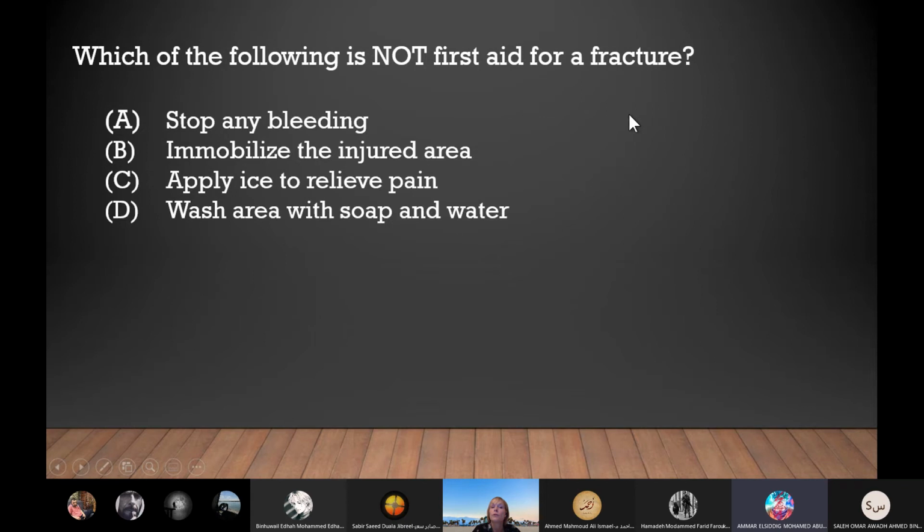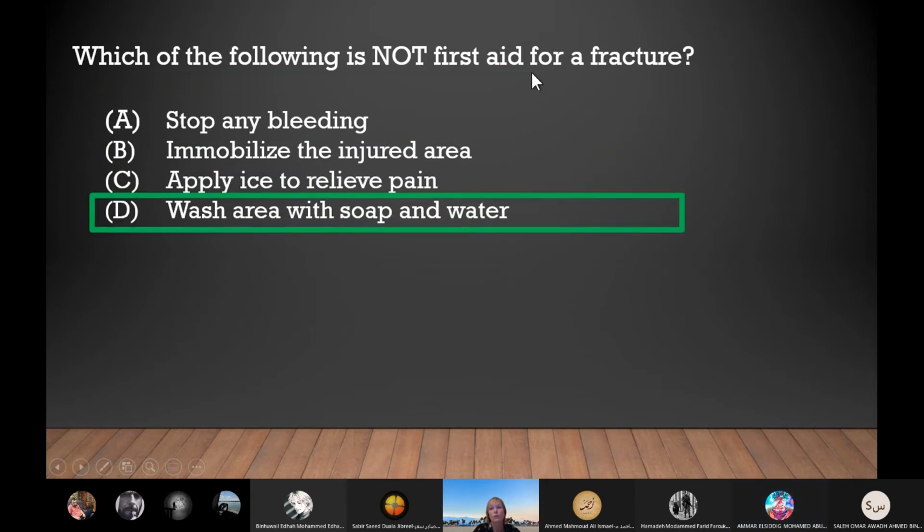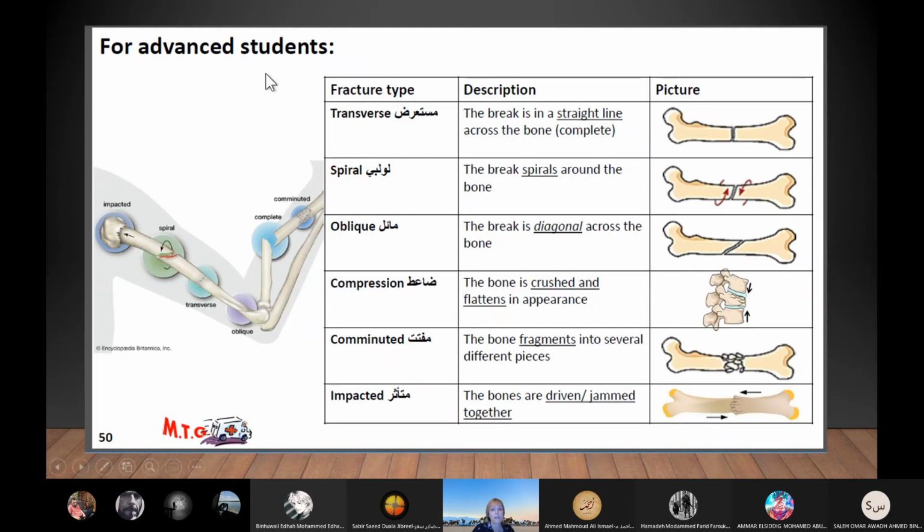Wash area with soap and water. Exactly, yes. You don't want to do any movement or touching of a fracture, okay? Especially if it's open. You would never do any washing with soap or water, but you would apply ice just in a towel, not directly on a wound, but it would help to relieve pain to do that.